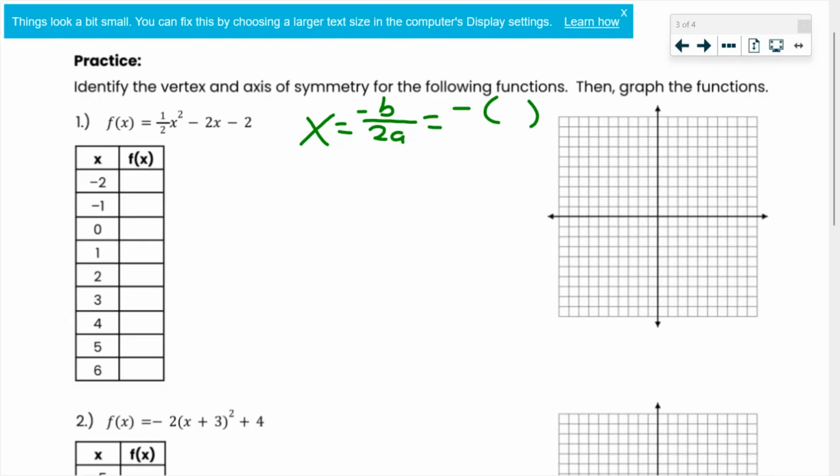Okay, what's b for this problem? -2. Good. And what's a for this problem? 1/2. There's your a. There's your b. There's your c.